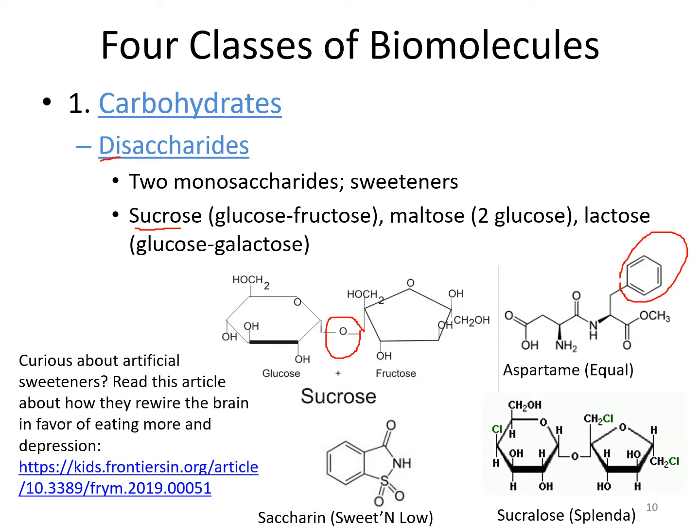But at the same time, these have been synthesized in the lab. We don't have the right enzymes to break them down, and so for the most part, we get very few, if any, calories, or any energy or ATP molecules out of these particular molecules, just because we can't digest them.